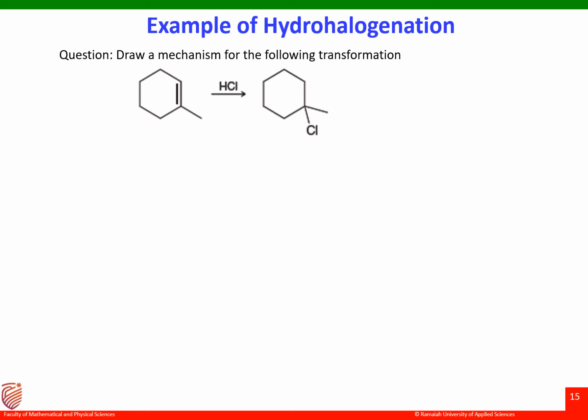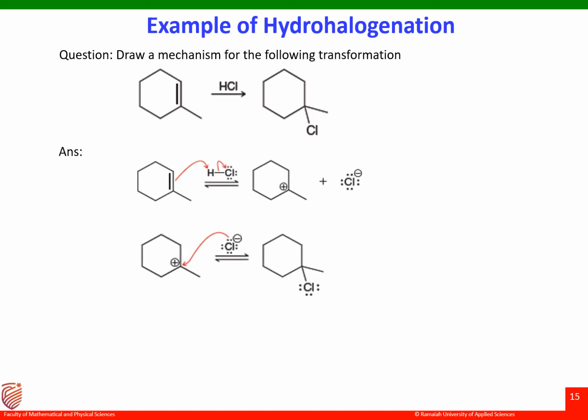The question comes, where should the H add, to carbon 1 or to carbon 2? It adds to carbon 2, not the methyl substituted carbon, because it leads to the formation of a more stable carbocation.